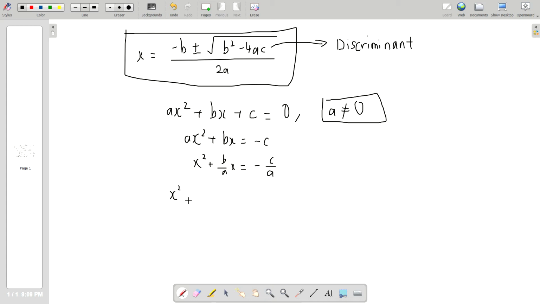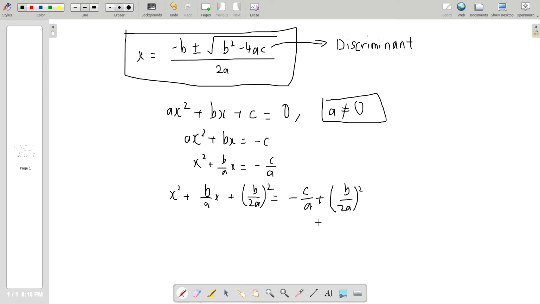So what we're going to do is add this b over 2a squared to both sides, and we're going to simplify something.